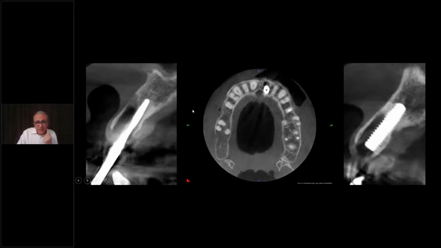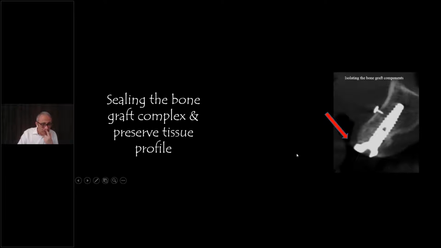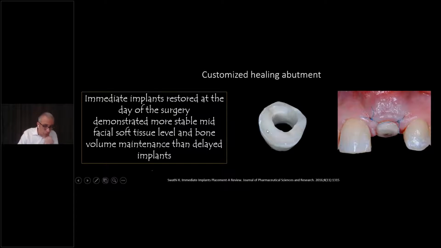One more thing that I know Dr. Tarnow will cover as well is sealing the bone graft complex with a customized abutment. To seal the bone, if you put bone inside the socket, you need to isolate this bone from the oral environment. So you always need to use customized healing abutments. And I know that Dr. Tarnow will share with you amazing customized healing abutments that he has done with Dr. Chu in New York.